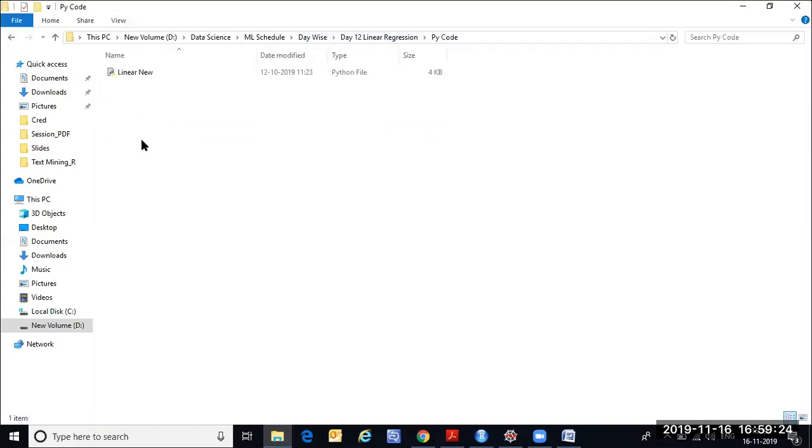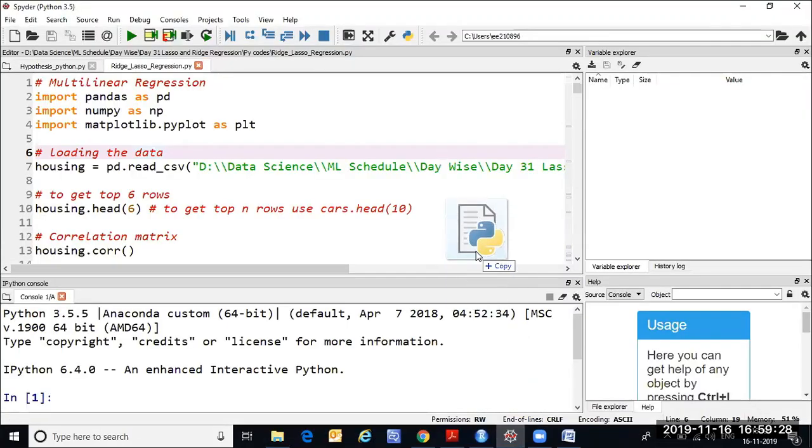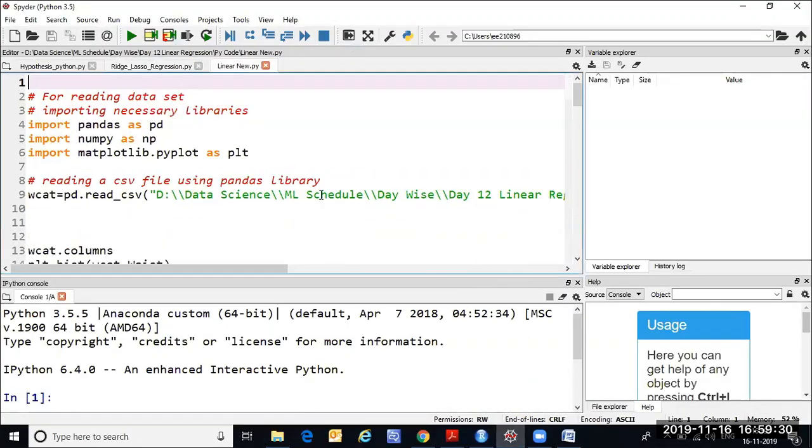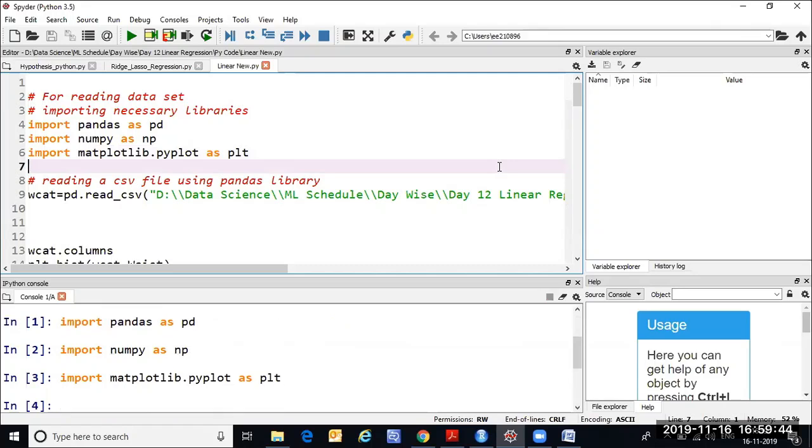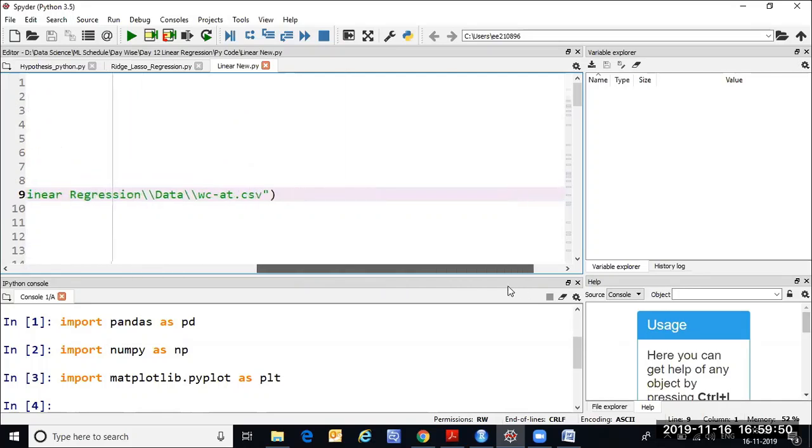Let us look at the Python part of it. In Python, we need to import these libraries: pandas, numpy, matplotlib for basic visualization. And I'm making use of the same data. I'm loading the same data.